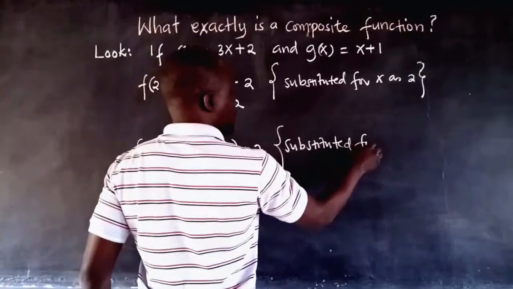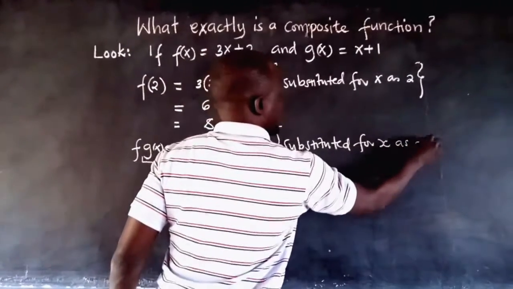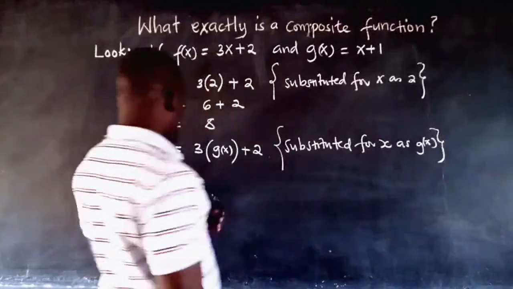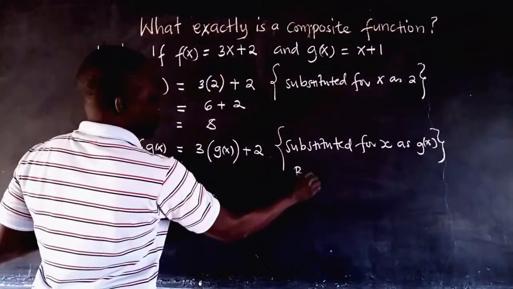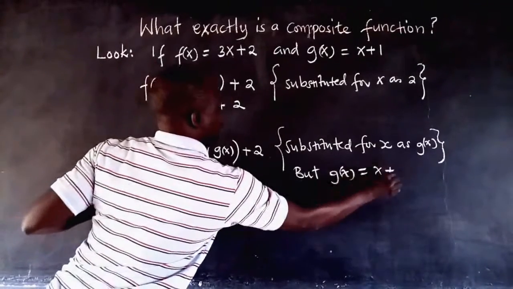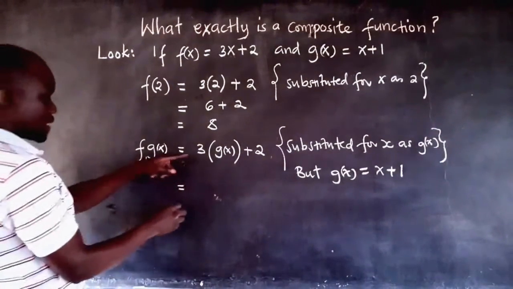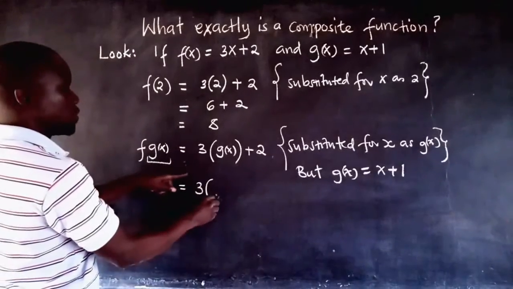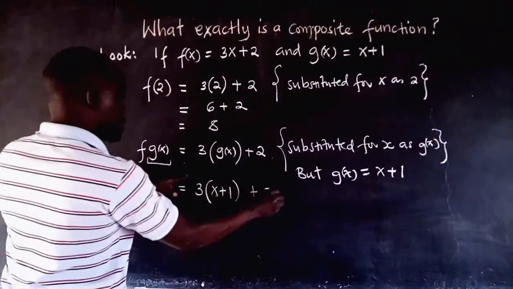In simple terms, we have substituted g of x for x. But we know very well that g of x is given as x plus 1. So we shall have fg of x as 3 into x plus 1 and then plus 2.